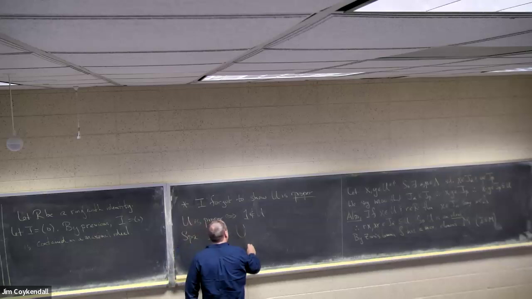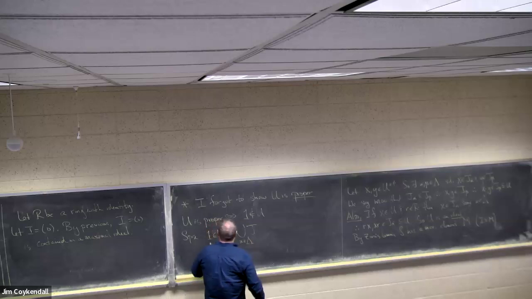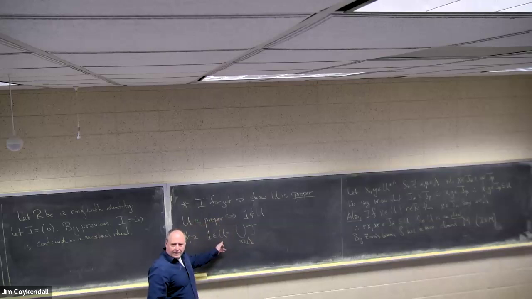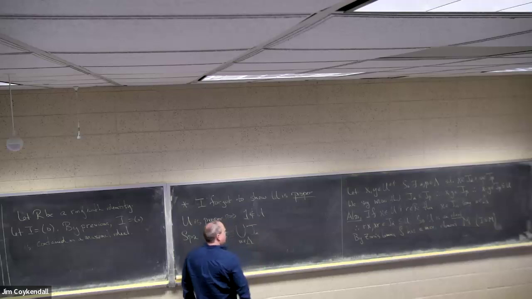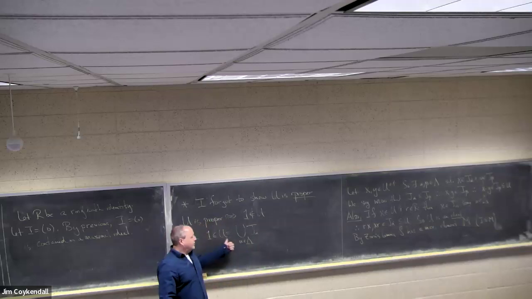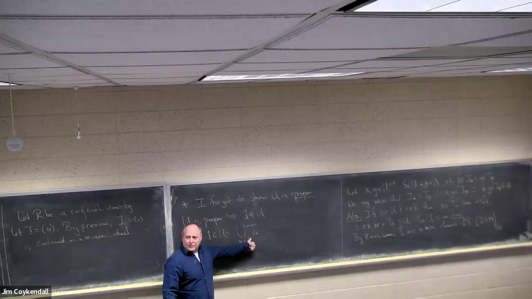Let me remind you how this was defined. Suppose one is in this U. Now U was constructed as a union of these J alphas. So if one was here, it must lie in some J alpha, right?